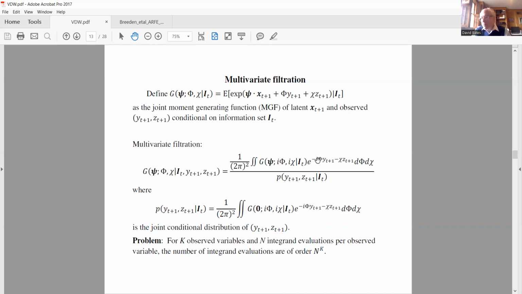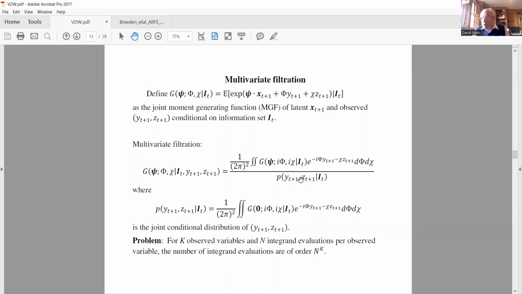This is Bayes' rule for characteristic functions, in which you start with the joint moment generating function of the observed data and the latent variables, and then the moment generating function just of the latent variables.